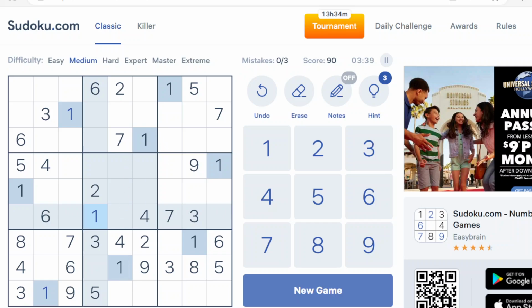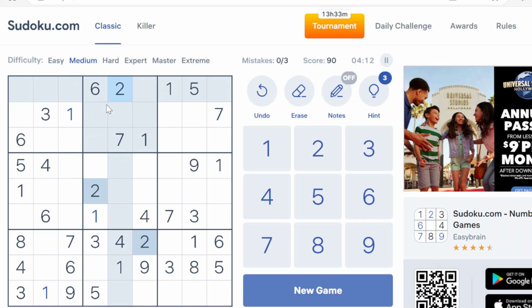This column also already has the number 1. So yeah, now we have 9 number 1s, which means we've already filled in all the number 1s. And I know this because there are 9 of these 3 by 3 boxes, and each number from 1 to 9 can only appear in each box exactly once. And we have 9, so yeah.